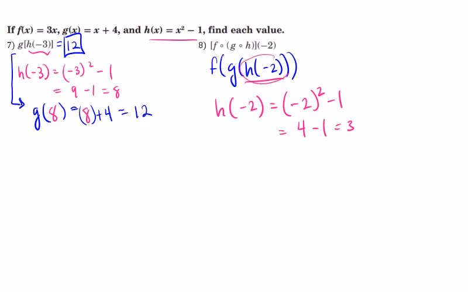So now I can put 3 in here, right? So now I'm going to do g of 3. All right, and g is the x plus 4 function, so it's going to be 3 plus 4, right?